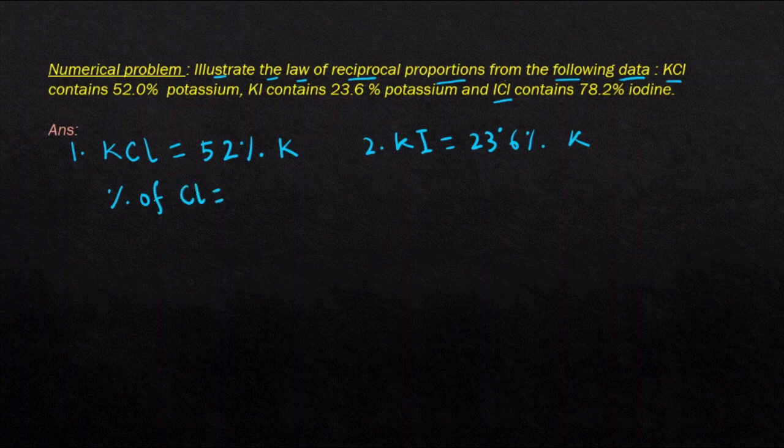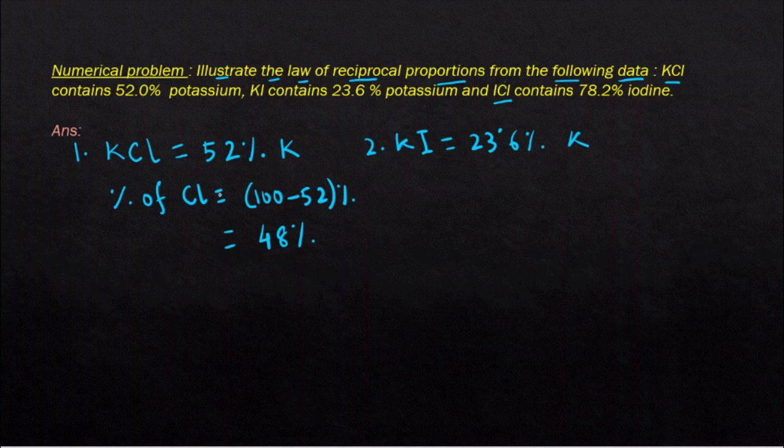And obviously it is going to be 100 minus 52%, that equals 48%. Now from this information, 52% of potassium combines with 48% of chlorine.